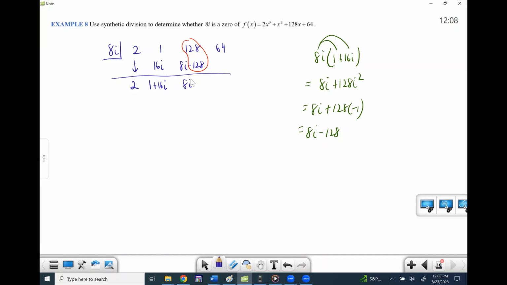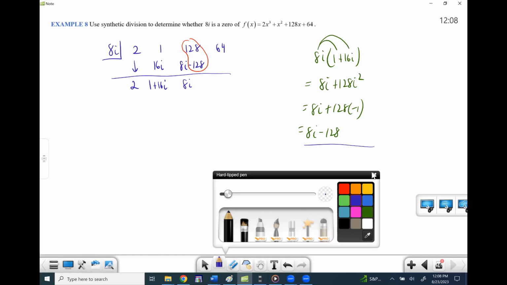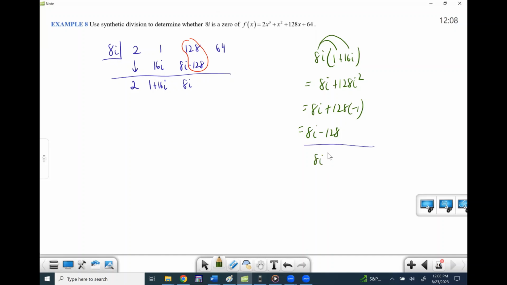Those will go away. So now we have to multiply 8i times 8i. So 8i times another 8i. 8 times 8 is 64. i times i is i squared. We know i squared is -1. So this is going to get us -64.